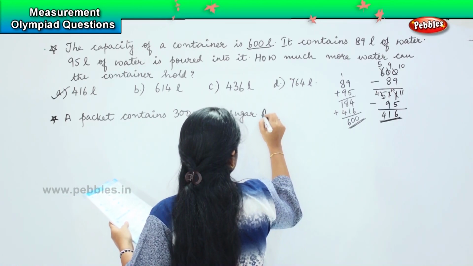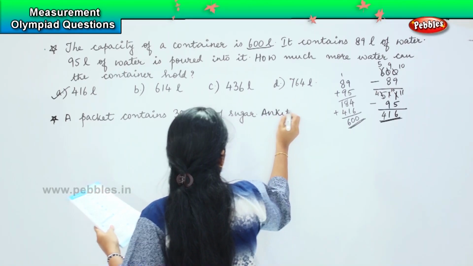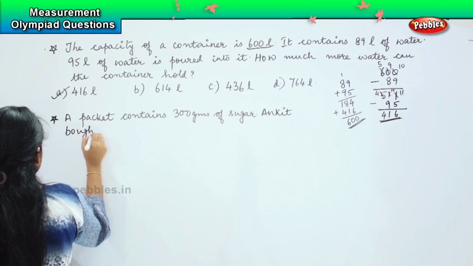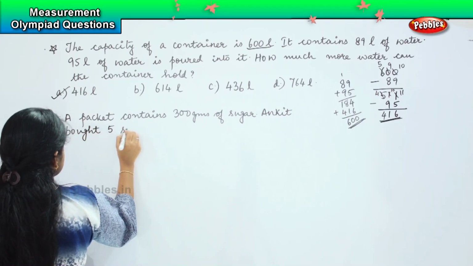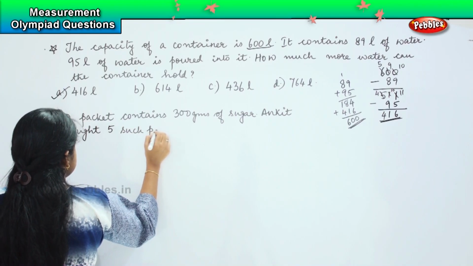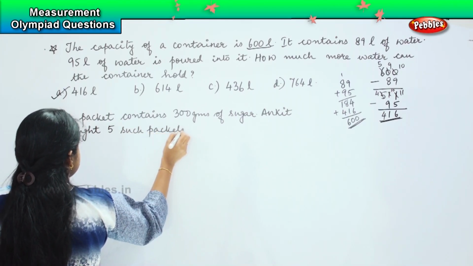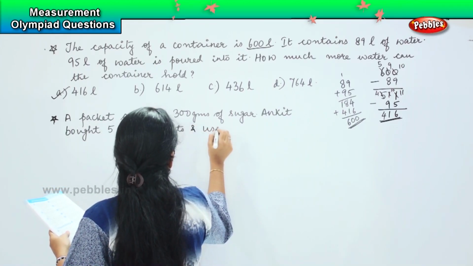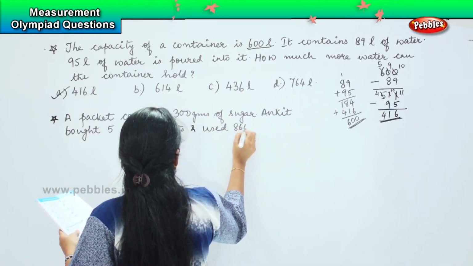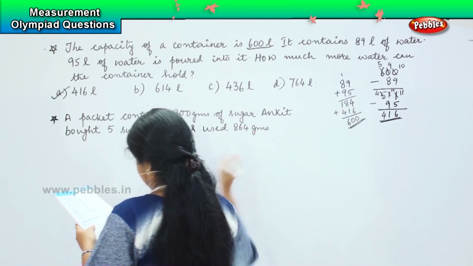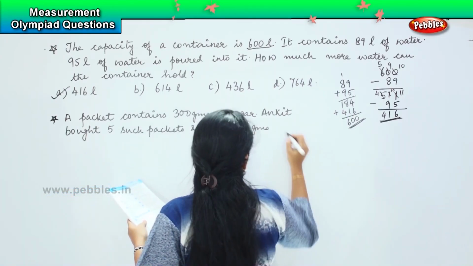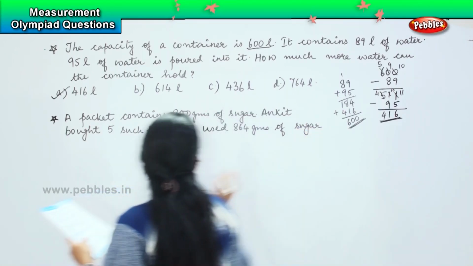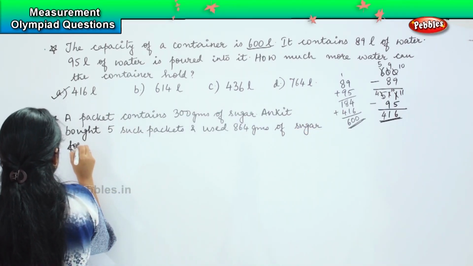Ankit bought 5 such packets and used 864 grams of sugar for a dish.